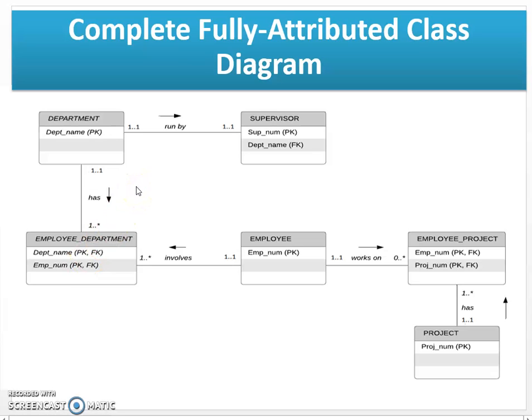And now we need to look at the multiplicity again. The arrow of the relationship, or the direction of the relationship, will always point towards the many relationship or many multiplicity. Remember, we are trying to resolve a many to many relationship into one to many and one to many.